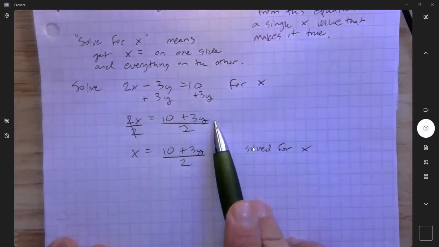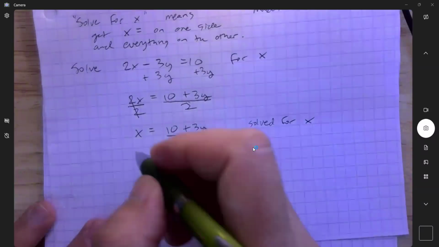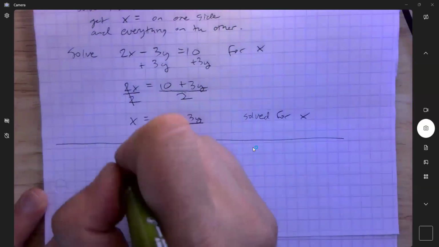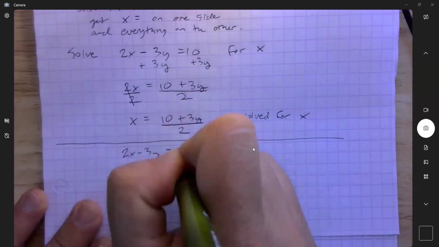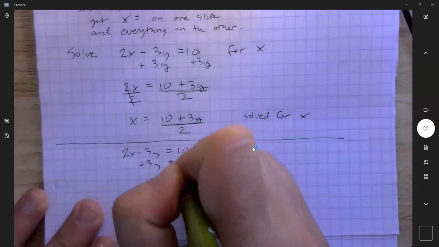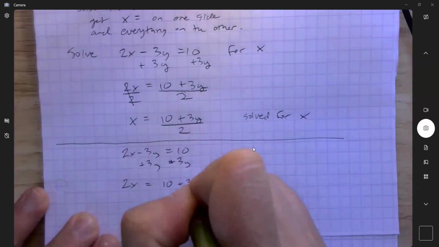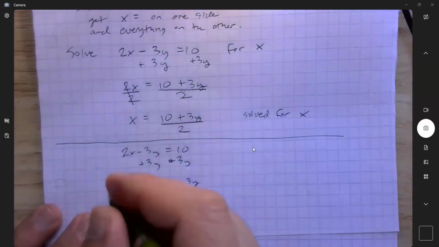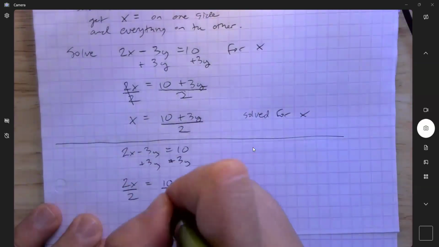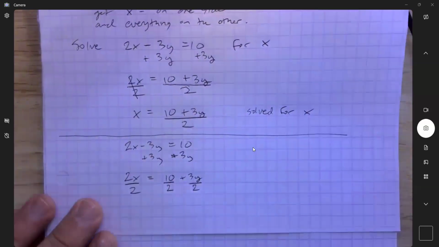Well, there's an alternative way to do this. That's the same operation, and I want to show you how it would look a little bit different. If I have 2x minus 3y equals 10, I'm still going to add the 3y to both sides. And when I divide by 2, the first time I divided everything by 2, I'm also going to divide everything by 2, but I'm going to do each part separately.